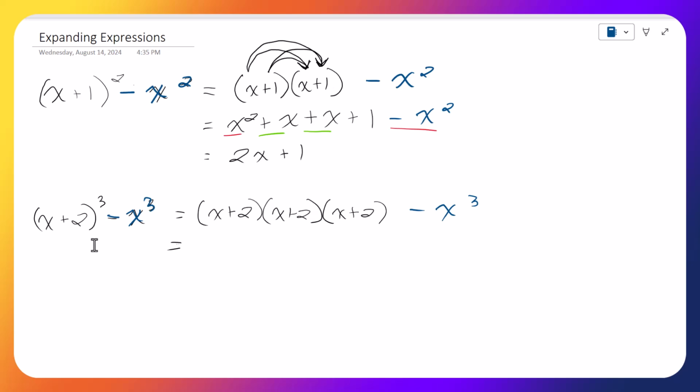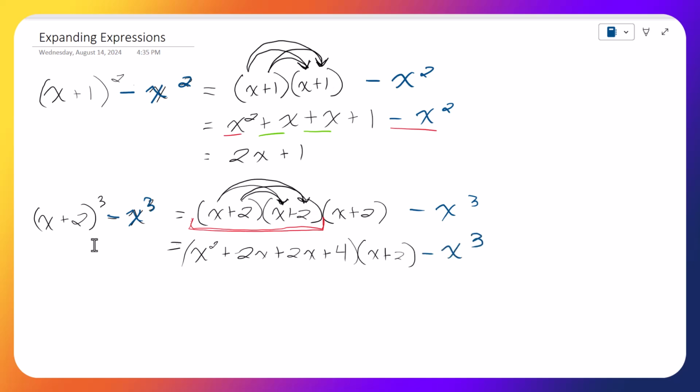So I'm going to focus on these first two, and I'm going to multiply them out. So that would be x times x, x times 2, 2 times x, 2 times 2. So we have x squared plus 2x plus 2x plus 4. That's all times x plus 2. Don't forget my minus x cubed.